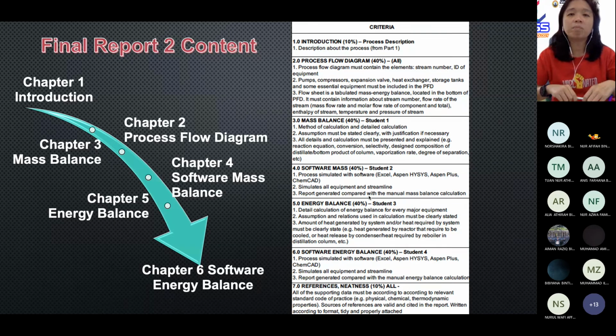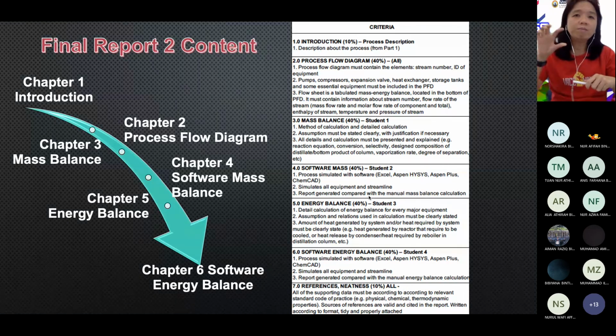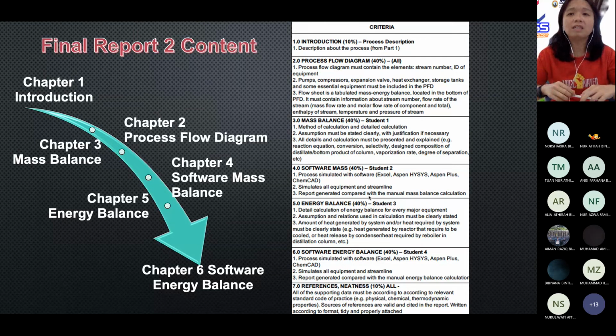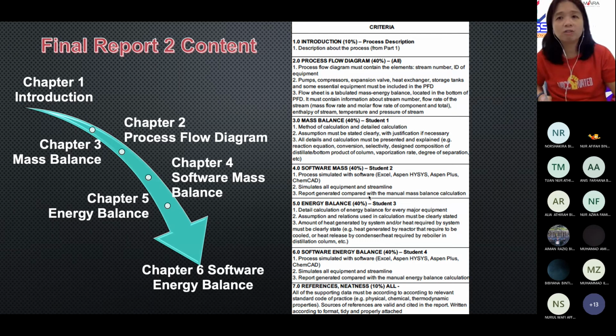But if you get answers that differ from each other, there will be a slight difference for sure when you calculate the final answer, manual versus simulation. But if your answers differ very much, then most likely either one of you made a mistake in the calculation, or sometimes you don't use the same information. So later I will explain what information should be used in common.